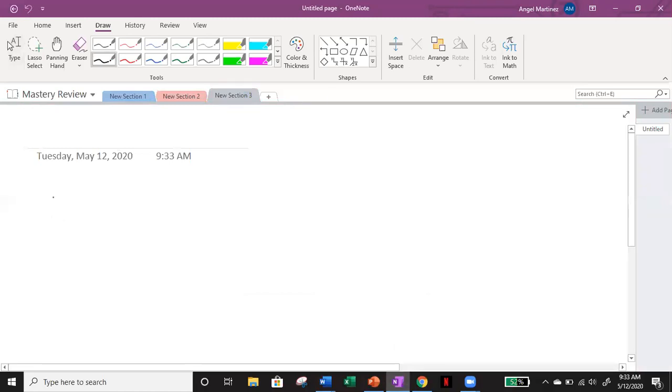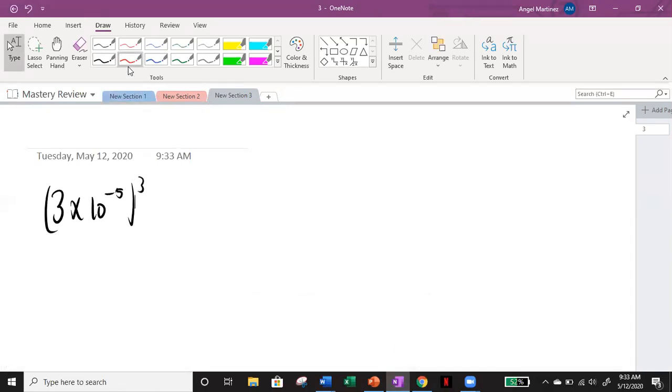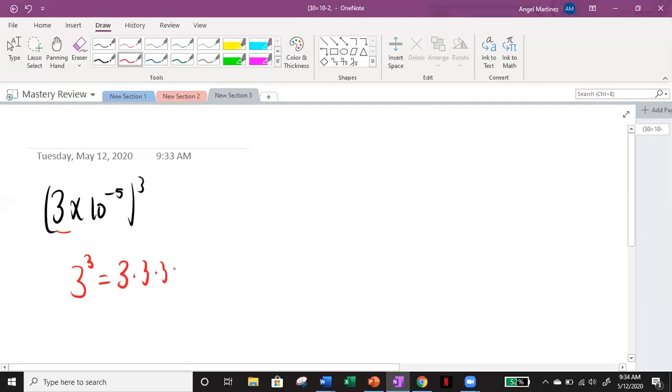Again, let's do the whole number. We're going to do 3 to the power of 3. So that's 3 times 3 times 3. We use the calculator, and that'll be 27.